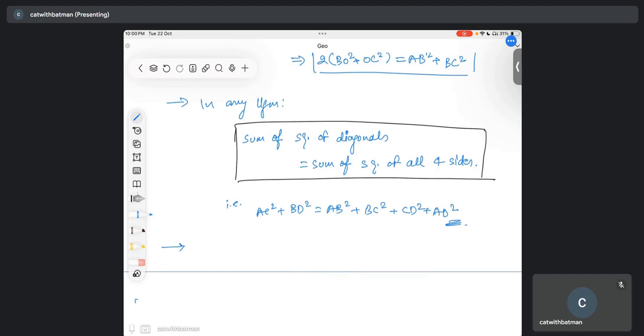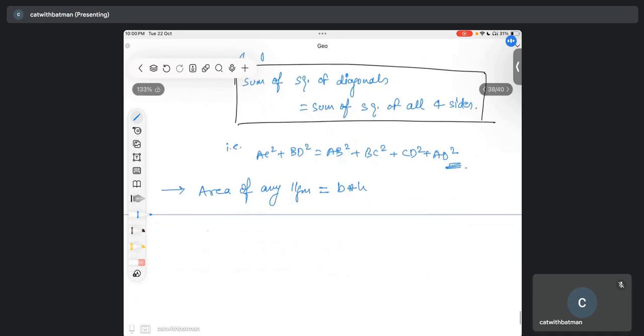One more. Area of any parallelogram is equal to B multiplied by H. Again, very, very important property. So let's say you have this parallelogram like this.